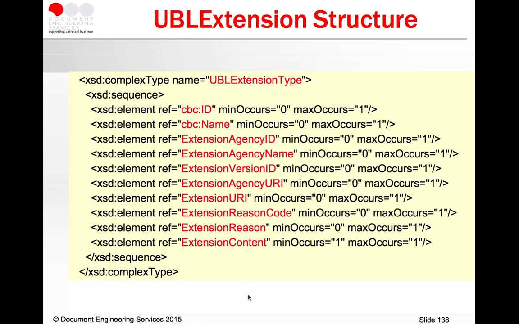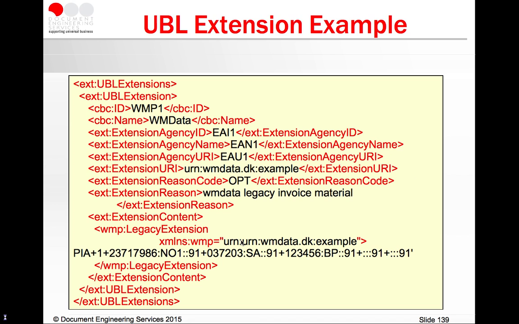If you've looked very closely, you'll see that the common basic component, ID and name, are the only two components here that come from the standard UBL library. Things like extension agency, version, URI, reason code, and content are defined independently of the common library. So the UBL extension is independent of that.